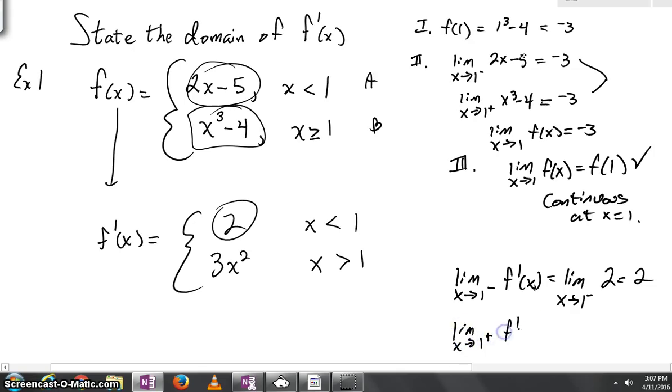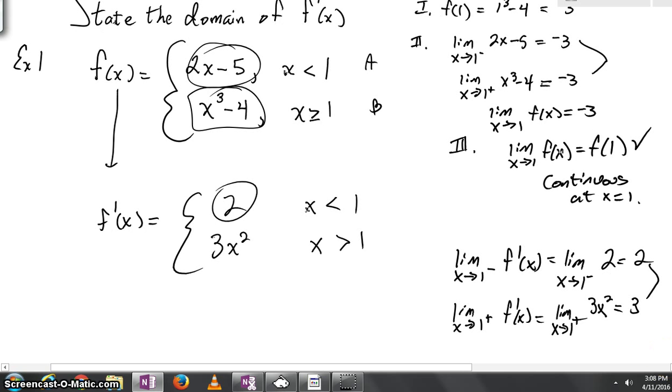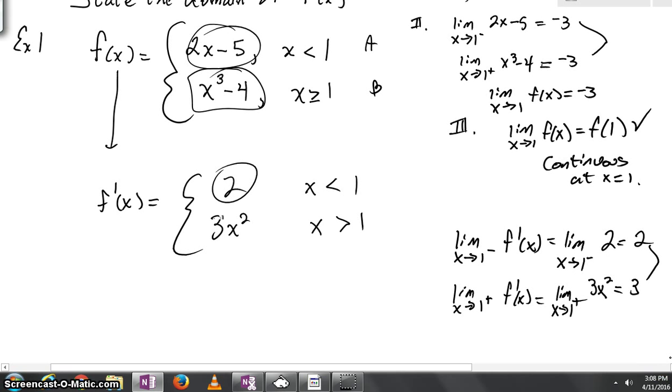If I'm approaching 1 from the right side, guys, my derivative, we just saw, would be 3x squared. When I plug in a 1, what do we get? 3. Guys, we have a very serious problem here. The left side derivative and the right side derivative disagree.